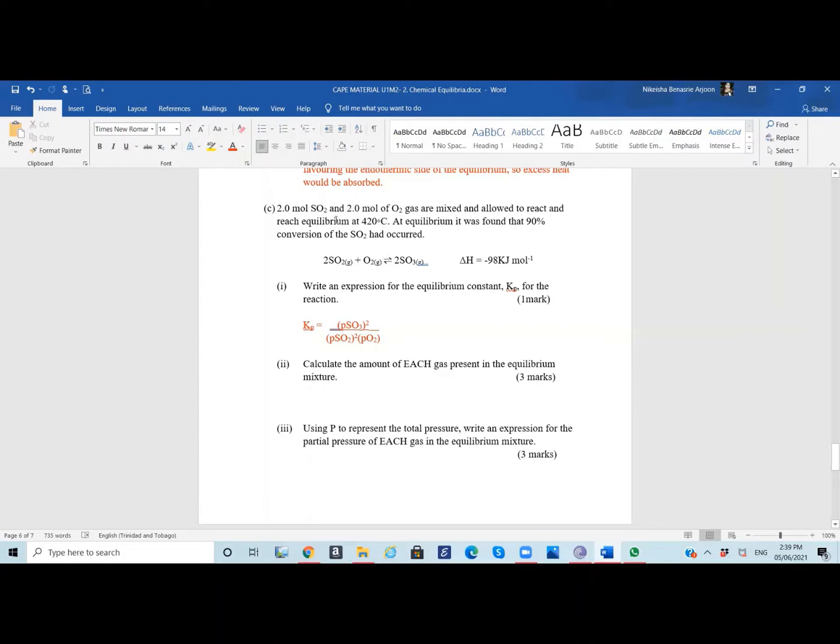So we have to do this in terms of a mole ratio, and consider that only 90% of the SO2 converted. So we use that in the mole ratio. So let's start with the initial amounts.